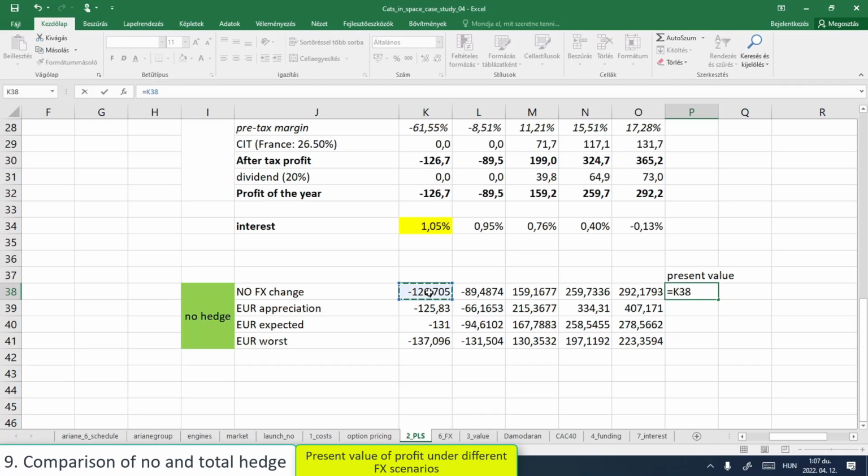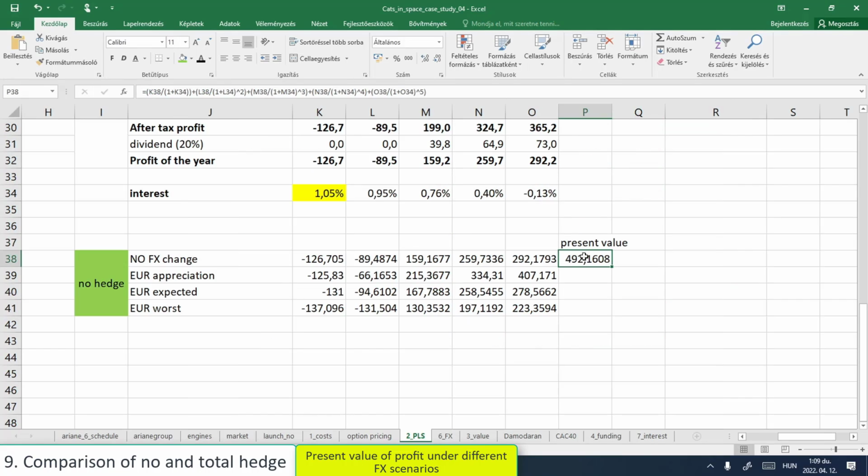Okay, this will appear at the end of the year. There is the interest rate, and we have to fix everything, because if I roll it down, then it would deviate from the interest rate.